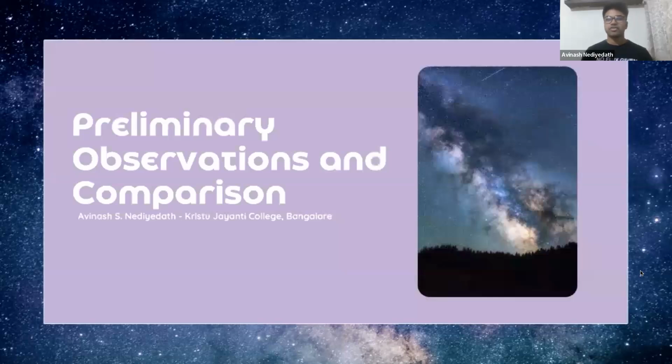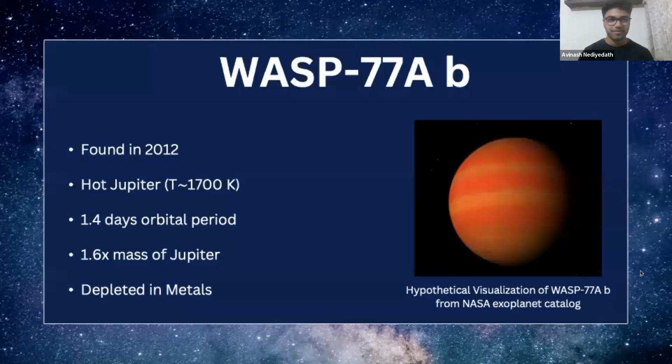So this whole presentation is going to be divided into 3 different subsections. We are going to start with the preliminary observations and comparison. For those who do not know, I hope some of you do not, so that this starting area makes a little bit of sense. This whole project is based on WASP-77AB. It was found in 2012. It's a hot Jupiter with an equilibrium temperature of 1700 Kelvin.